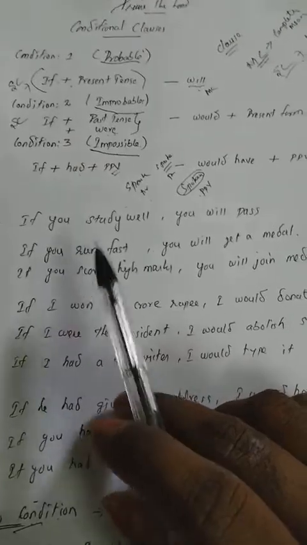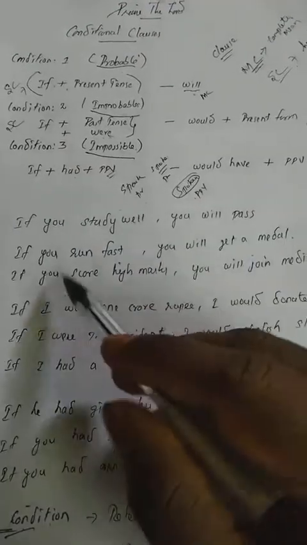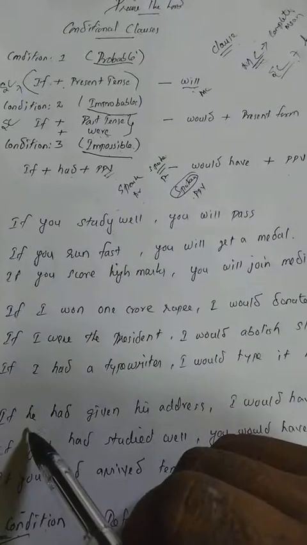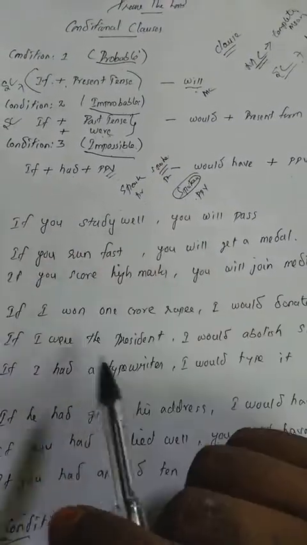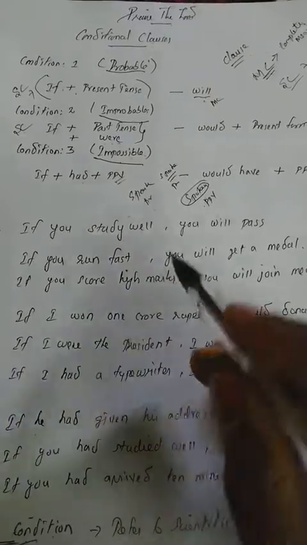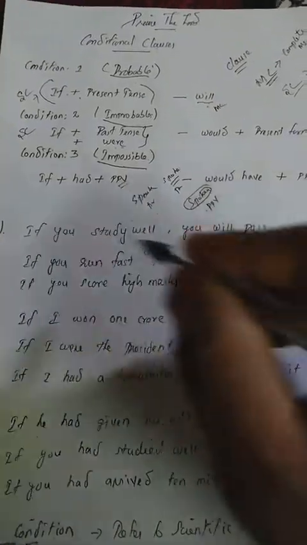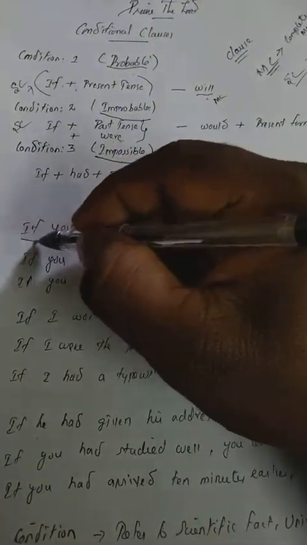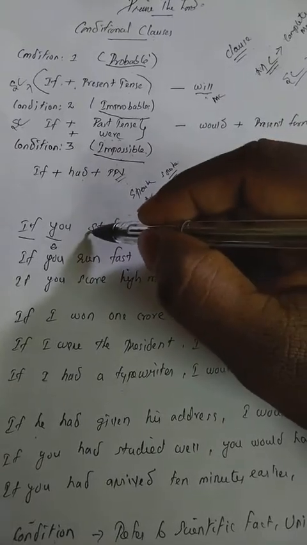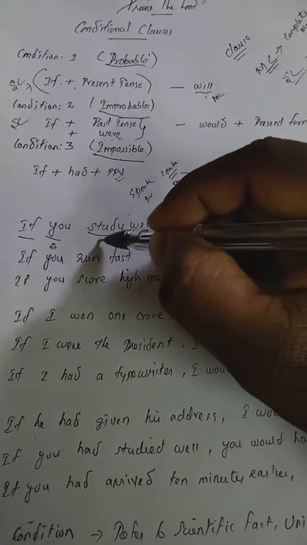What is the first example we will see? If you study well, you will pass. So in this sentence, you have to identify certain words first. This is if, the condition; you is the subject; and study is the verb.